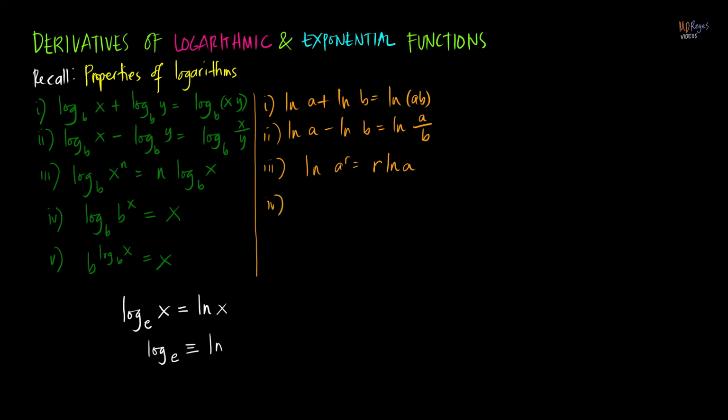And the fourth one is ln of e raised to x when simplified is x. And the fifth one is e raised to ln of x equals x also when simplified. So take note that ln is just logarithm to the base e. So we'll be using these properties to simplify logarithmic functions.